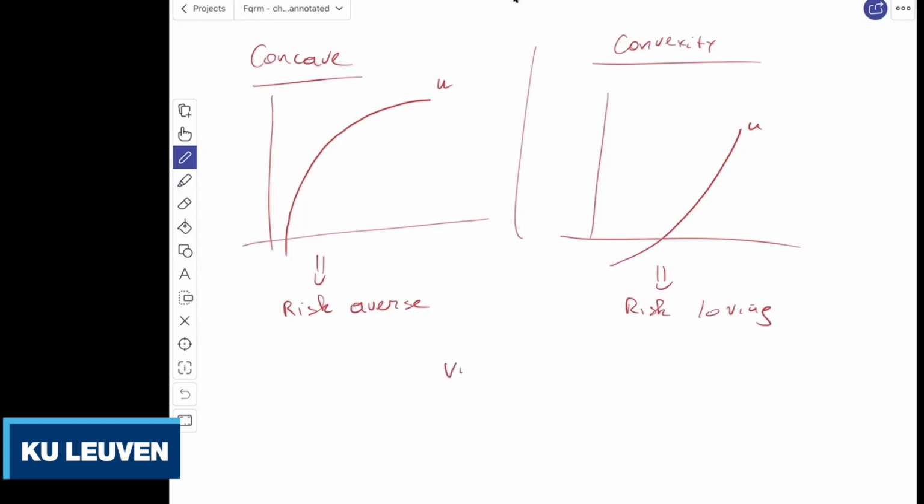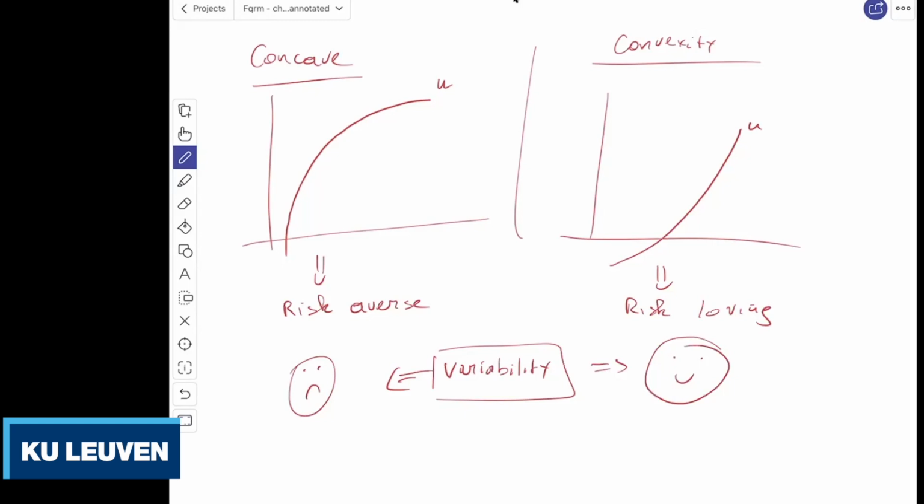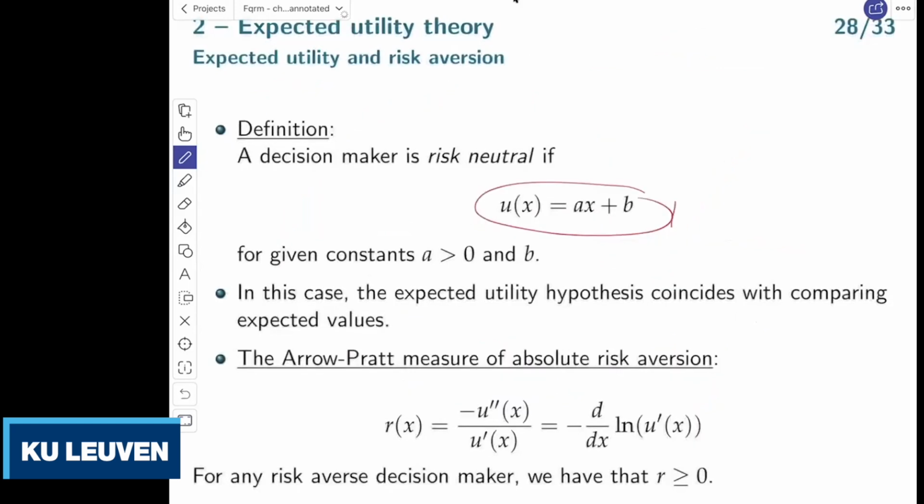And when you talk about variability, a concave decision maker does not like variability, whereas a convex decision maker loves variability. Okay, convexity, concavity.